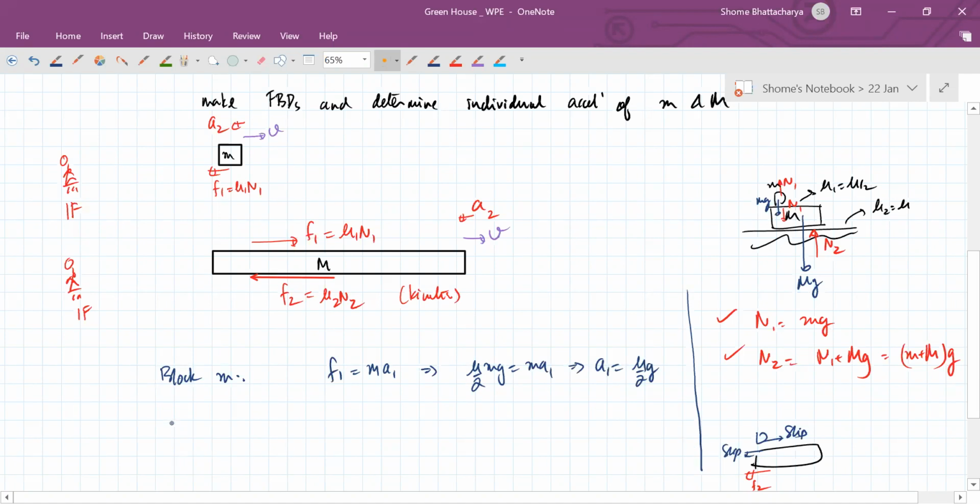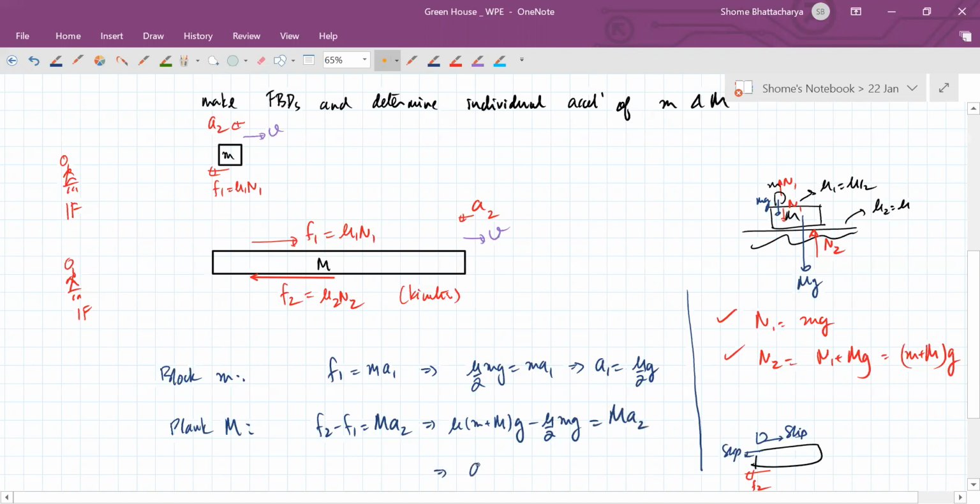Okay. Whereas the plank, capital M, has a net backward force of F2 minus F1 that is providing the deceleration A2. So mu (M plus m)g minus mu by 2 small mg is going to be equal to capital M A2.